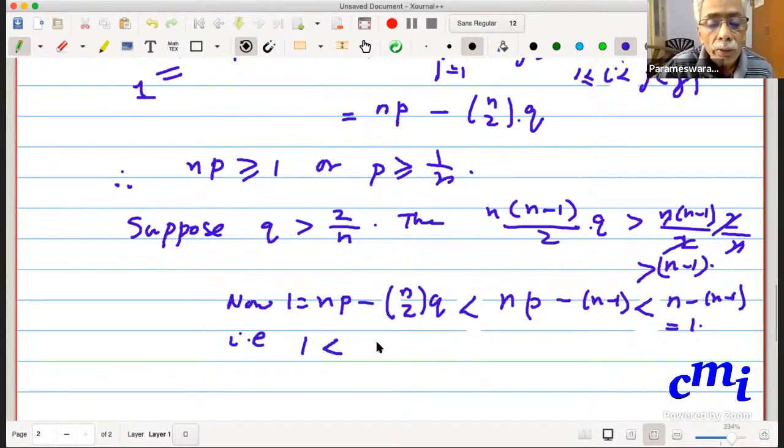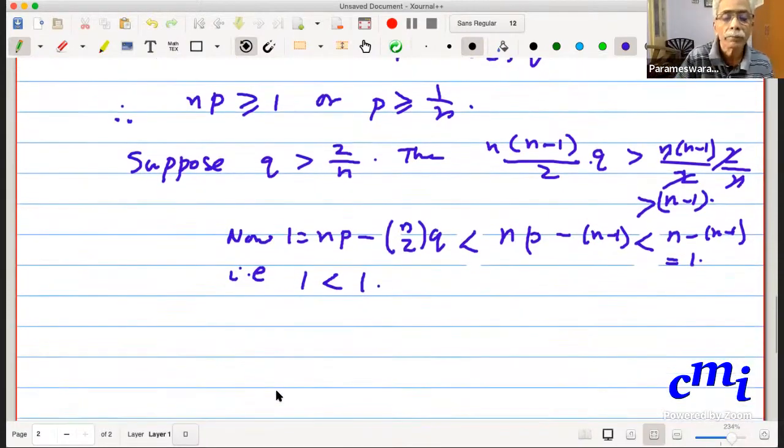So I am subtracting a bigger quantity, and putting the maximum for P, which is 1. So I get that this is less than 1. It's a contradiction. A contradiction.